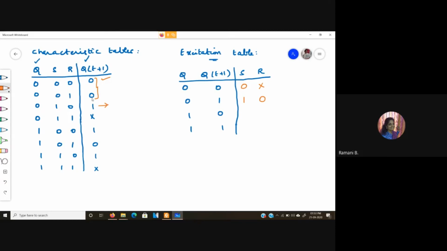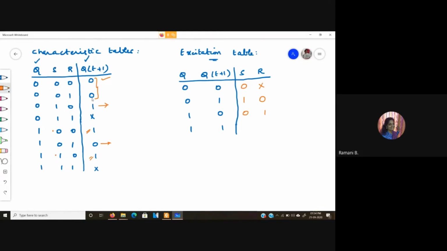Next we have present state as 1 and next state as 0. So this is the reset condition. So we have S is equal to 0 and R is equal to 1. Next we have present state equal to 1 and next state equal to 1. In this, if you check, the S value changes.